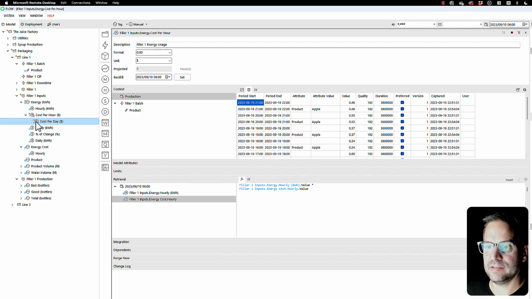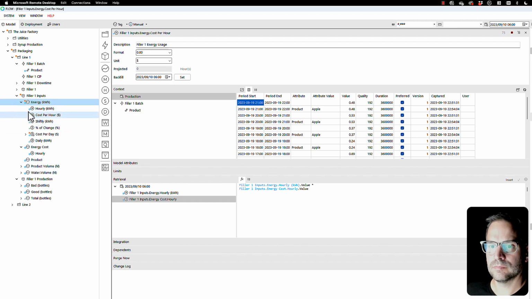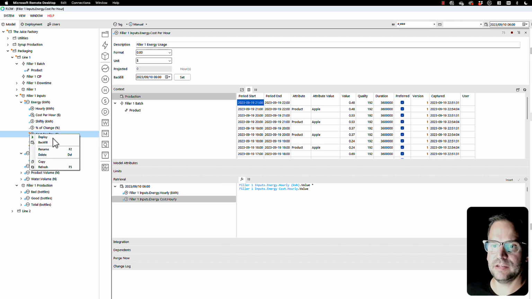And then we'll also go ahead and do a cost per week. I'm going to flatten this. And if we take a look at our cost per day and deploy this, we'll take a look at our cost per week and deploy this.